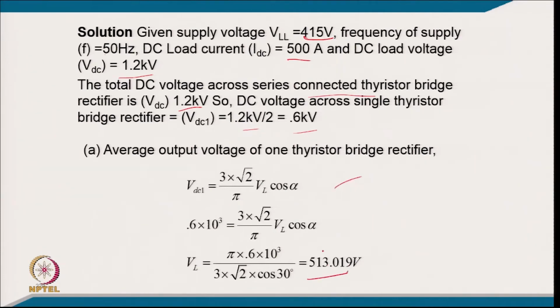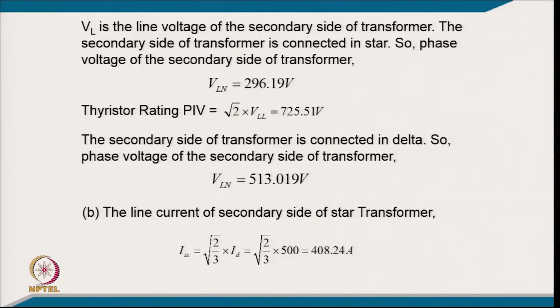For a given firing angle and a required DC link voltage, you can find out the line voltage, and this line voltage at the secondary of the transformer you need is this much in place of the 415 volt. So, you typically get the phase voltage of the secondary side by root 3, and you get 296.19, and the peak inverse voltage of the thyristor is root 2 times the line voltage, that is 725.51 volt.